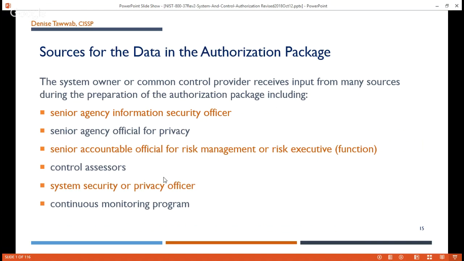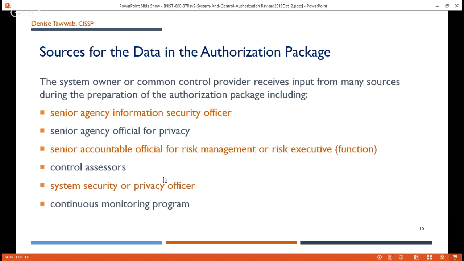Sources of data that go in the authorization package, there are many. The system owner or common control provider receives input from many sources while preparing the authorization package. And this could include the senior agency information security officer, so that's the chief person in charge of security, your senior agency official for privacy, so that's your chief privacy officer, a senior accountable official for risk management or the risk executive function, and control assessors, those people who come in to assess your controls, whether they've been implemented properly and are operating as intended and meeting the requirements laid out in your security or privacy plan.